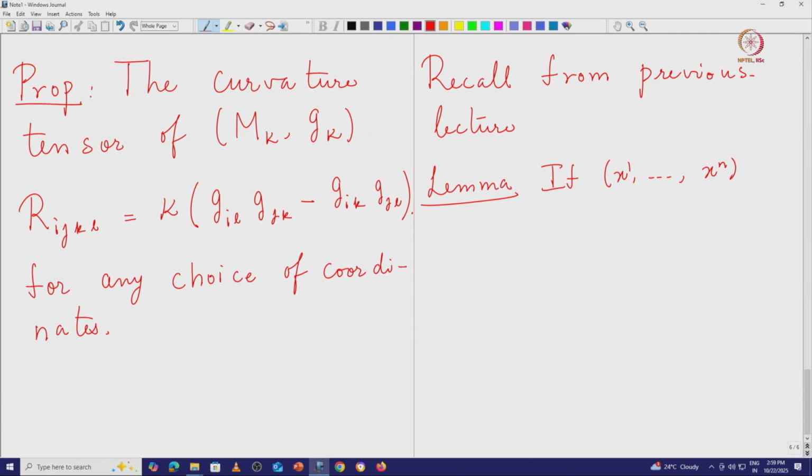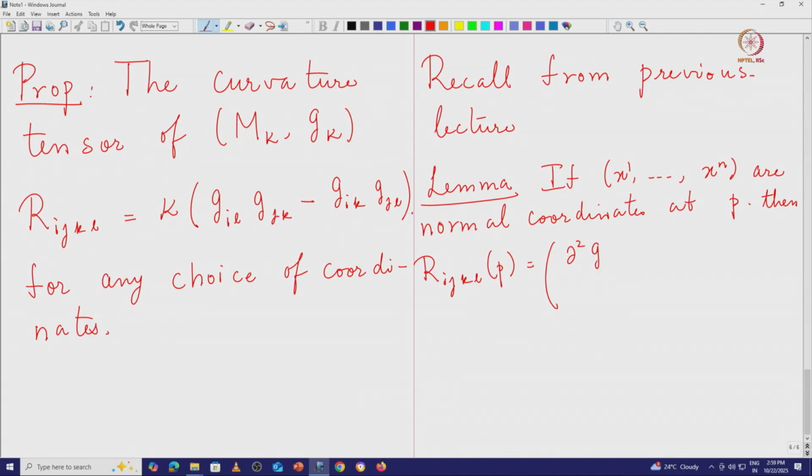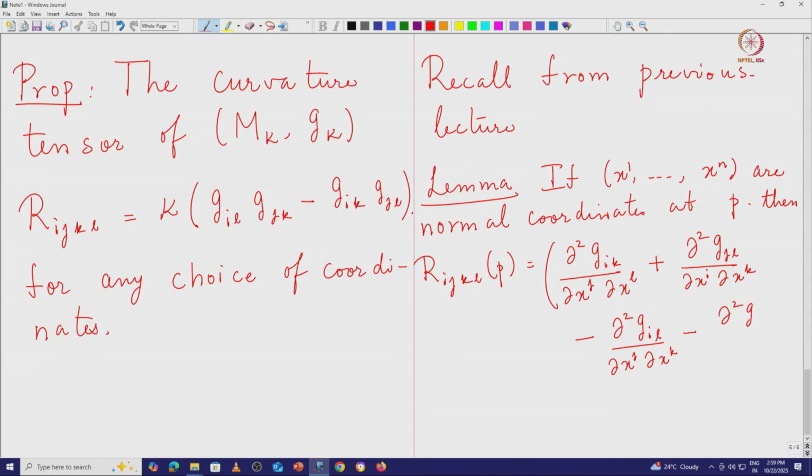That if x1 up to xn are normal coordinates at P, then you had the following explicit formula for the curvature tensor at the point P, namely it was given by del squared g_ik with respect to del xj del xl plus del squared g_jl by del xi del xk minus del squared g_il by del xj del xk minus del squared g_jk by del xi del xl.